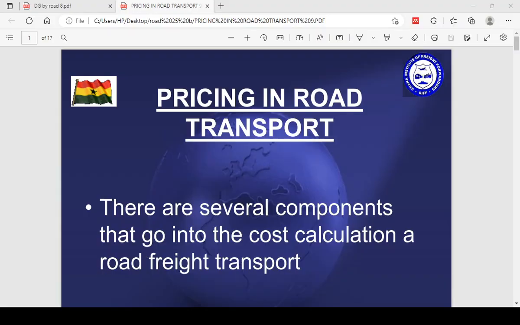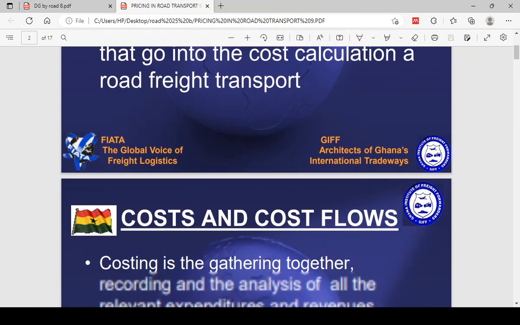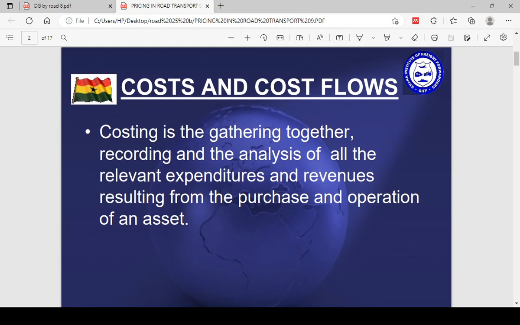Now, the next thing we are looking at is pricing as done in road transport. There are several components that go into the cost calculation of road freight transport. Costing is the gathering together, recording, and analysis of all the relevant expenditures and revenues resulting from the purchase and operation of an asset.